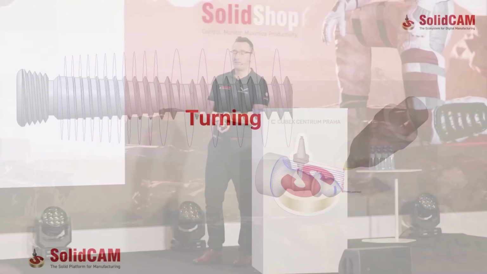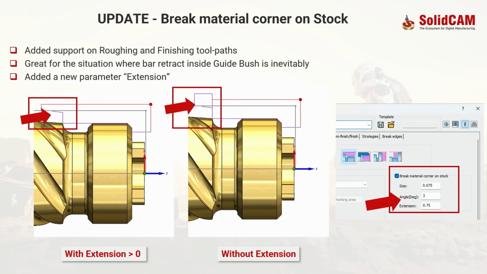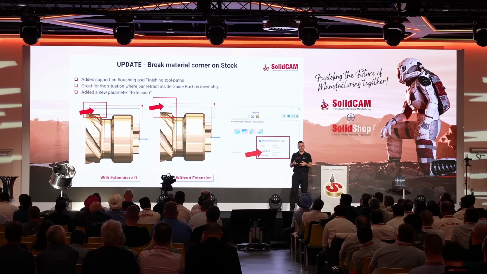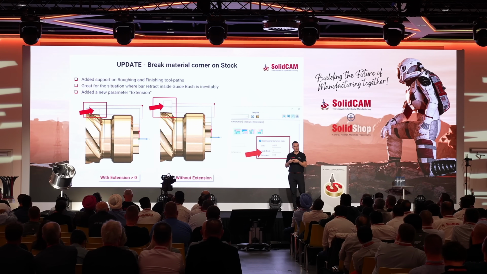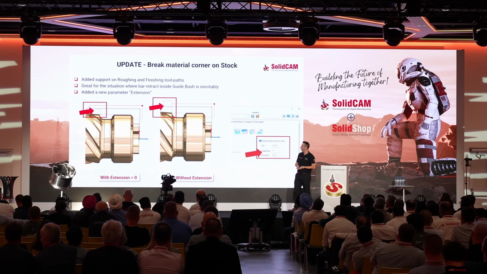So, nice things in turning. First, this is the new one in SP3. For all Swiss type users, we implemented a new option like extension, which gives you two ways of how you are going to define your break material on the corner of the stock. This is extremely important for the guide bushing when you have no option but to return your bar inside the guide bush.